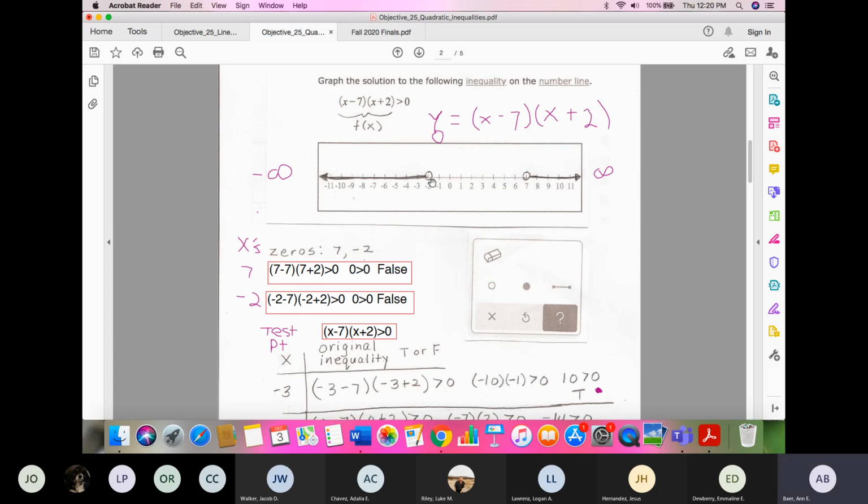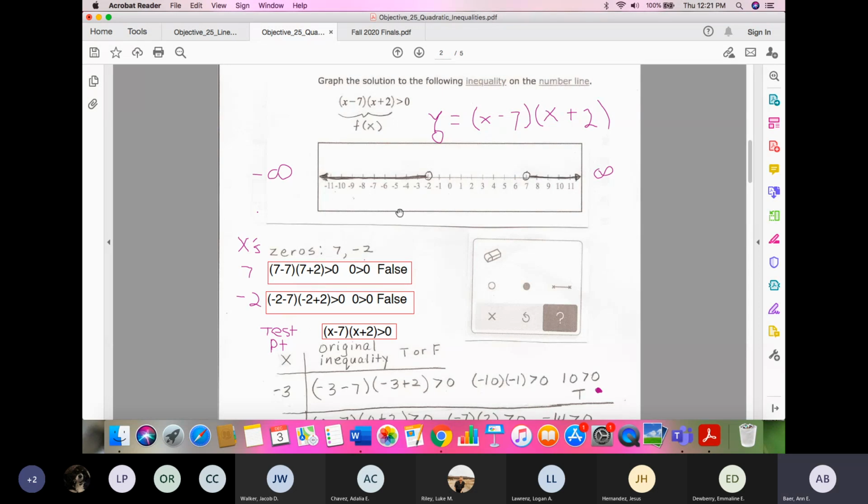That's what dictates whether this is open or closed, whether you get a false statement or a true statement. That's our boundary. Oh, sorry, we're over here at 7. I got to the wrong place. Both of these open circles are boundaries.